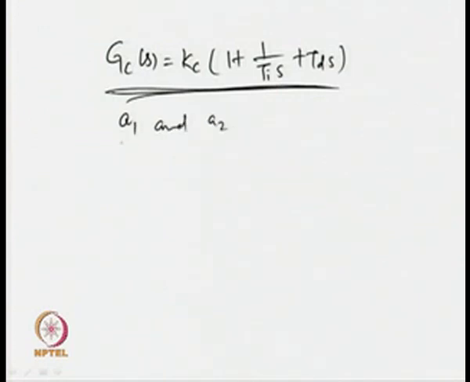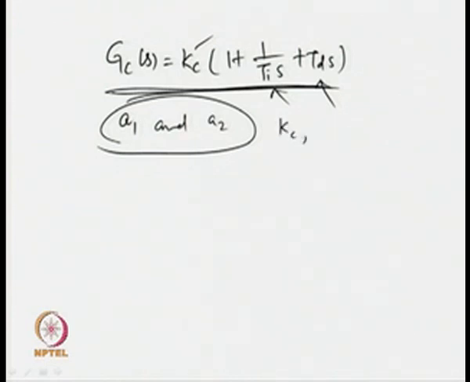Please keep in mind, A1 and A2 are functions of Kc, Ti and Td, and when you are conducting a relay test, when you have no information about the process dynamics, you have to be very careful, a judicious choice of Kc, Ti and Td is required.